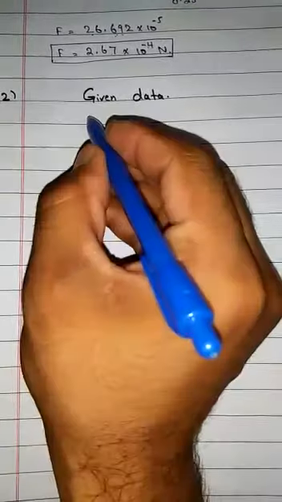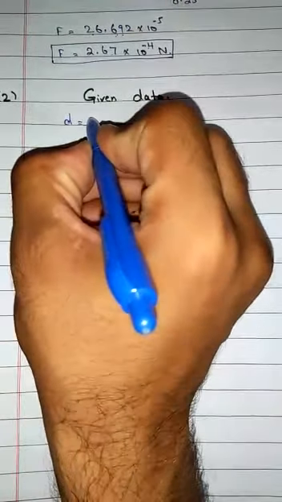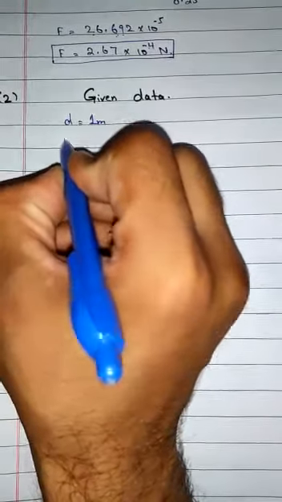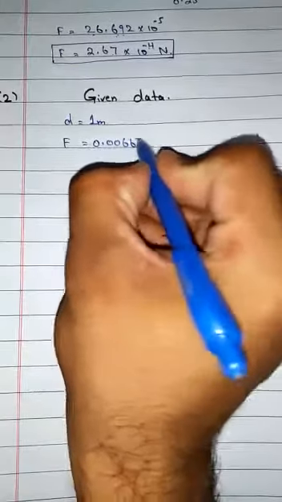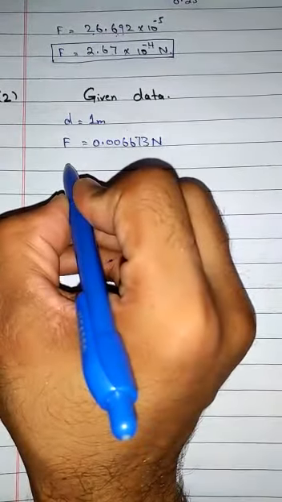According to the statement, the given data: the distance d is equal to 1 meter, force F is equal to 0.006673 Newton. Here mass m1 is equal to m2, each mass, so we will replace both masses with a single mass name, m.